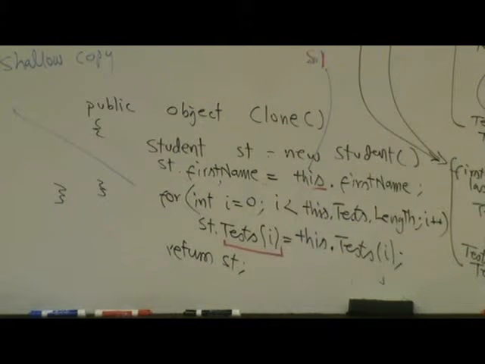I have a question. Uh-huh. What makes this better, or what makes this different from simply just implementing your own clone method? Meaning not writing the ICloneable interface? Very good question. Okay.